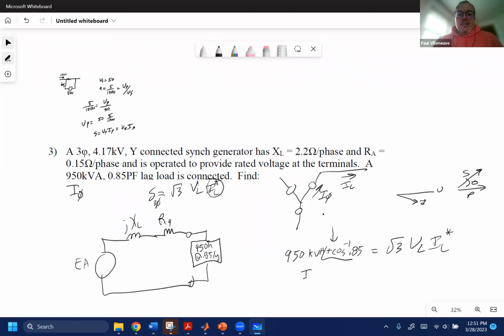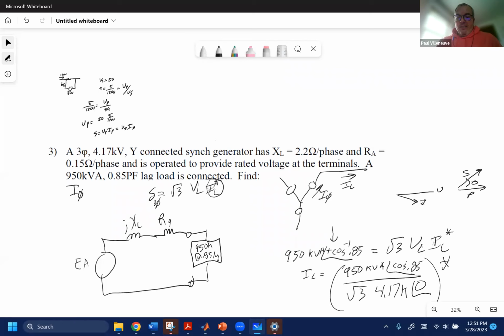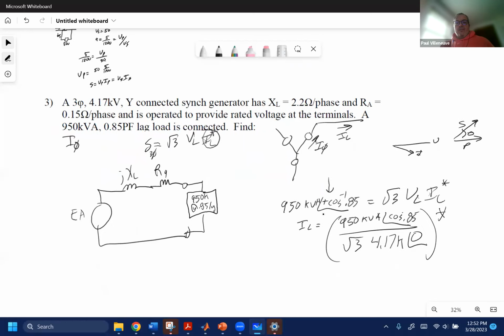So my IL is equal to 950 kVA at an angle of cosine inverse of 0.85, divided by the square root of 3 times my line voltage, 4.17 K. And because we need a reference point, we make that at an angle of 0. And that is the answer for that one.